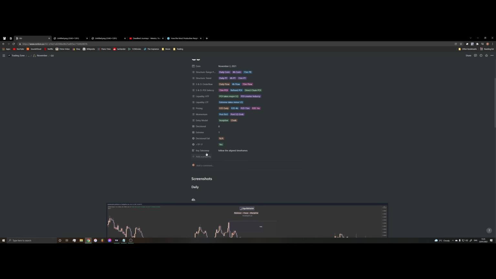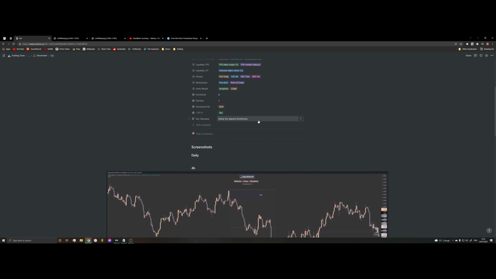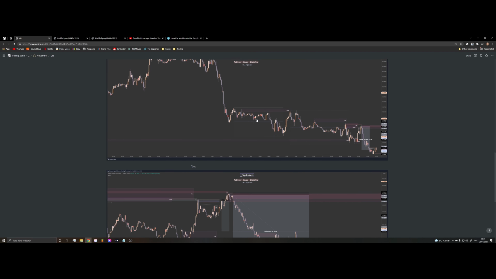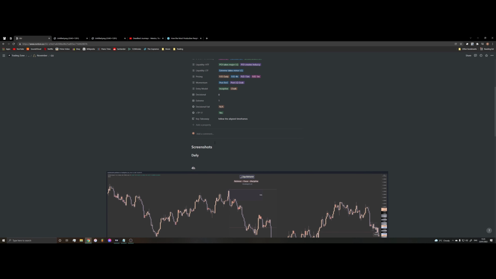And then finally, key takeaway from a trade. For this one, literally just following the aligned timeframes, and that is a key takeaway for almost every trade, to be fair. I think that's one of the most important things. So how many things is that?